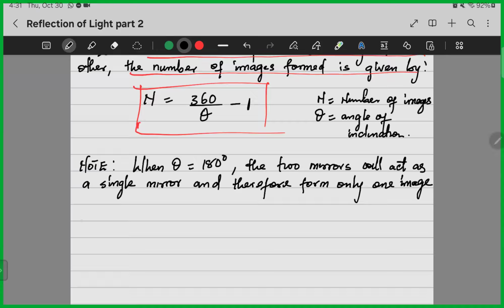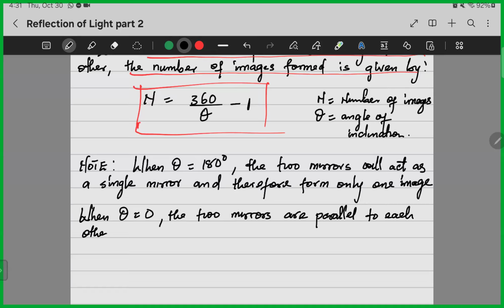Then another case, when theta is 0, the two mirrors are parallel to each other, and the image is formed at infinity.